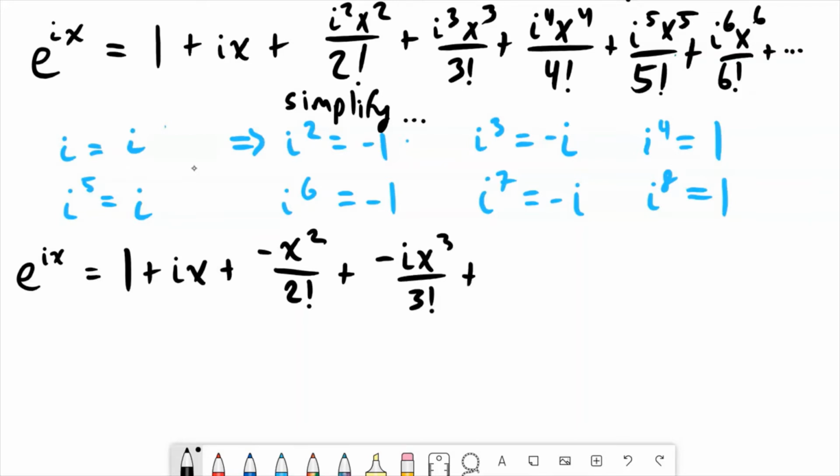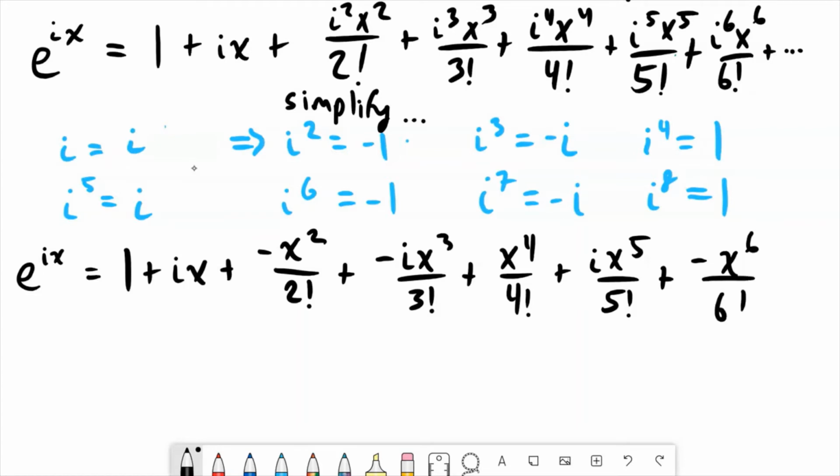Plus i to the 4th is 1, so it's going to be positive x to the 4th divided by 4 factorial. i to the 5th is i, so it would be i x to the 5th divided by 5 factorial, and i to the 6th is -1, so -x to the 6th divided by 6 factorial.